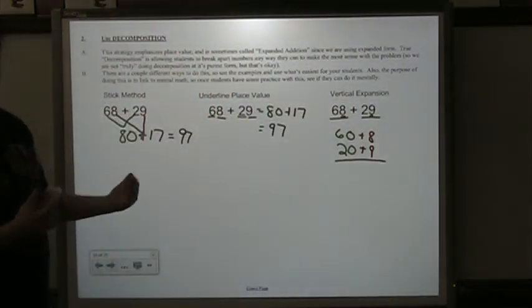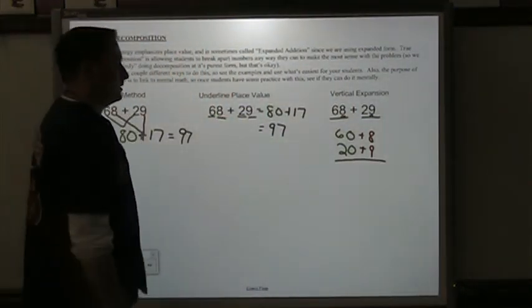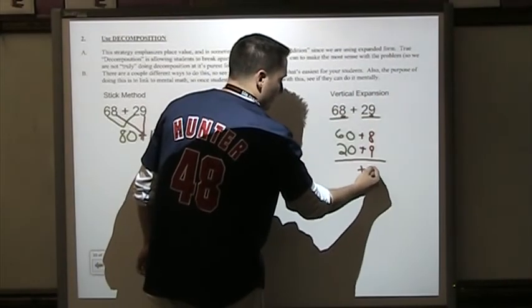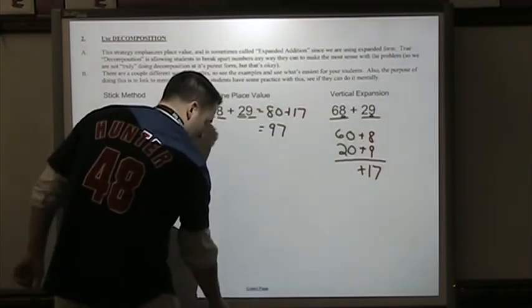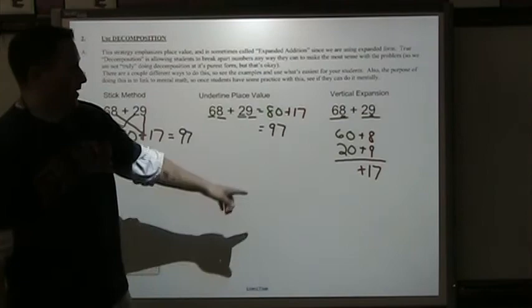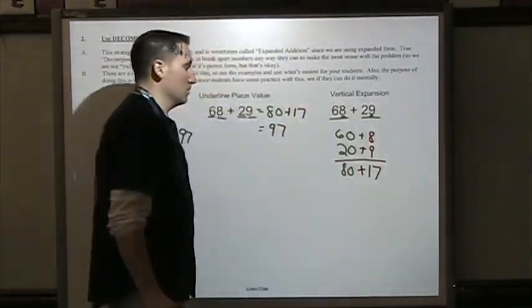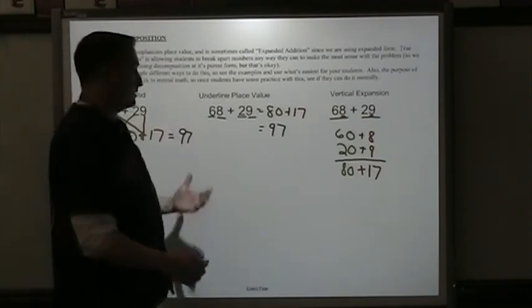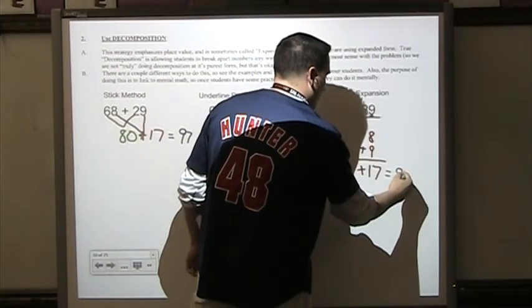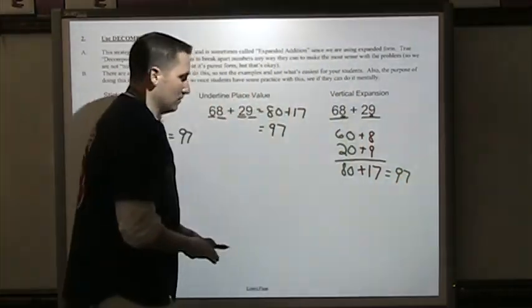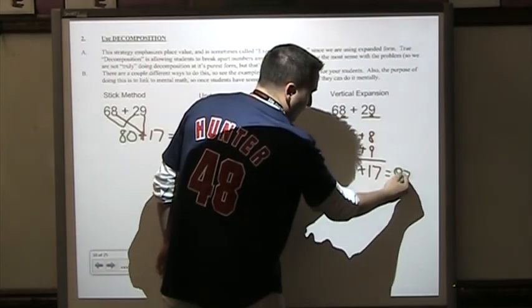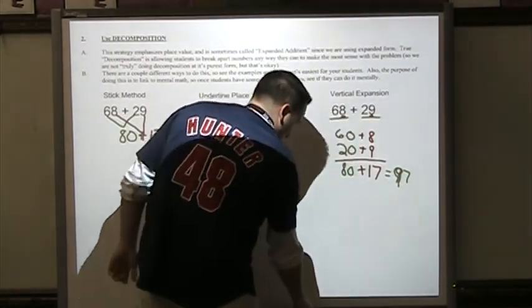And it wouldn't matter again where you're going to start. Okay, so I go 17 there, and I add 60 plus 20 and get 80 here. And then again, same type of deal. Not a wonderful 9, but so I get my 97.